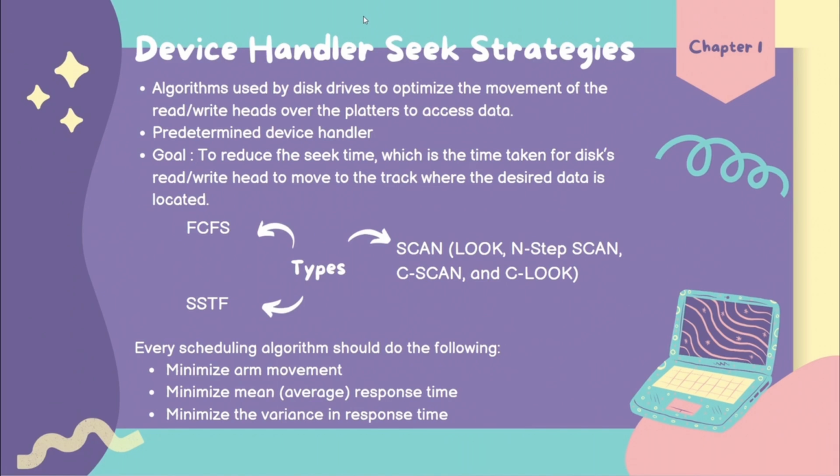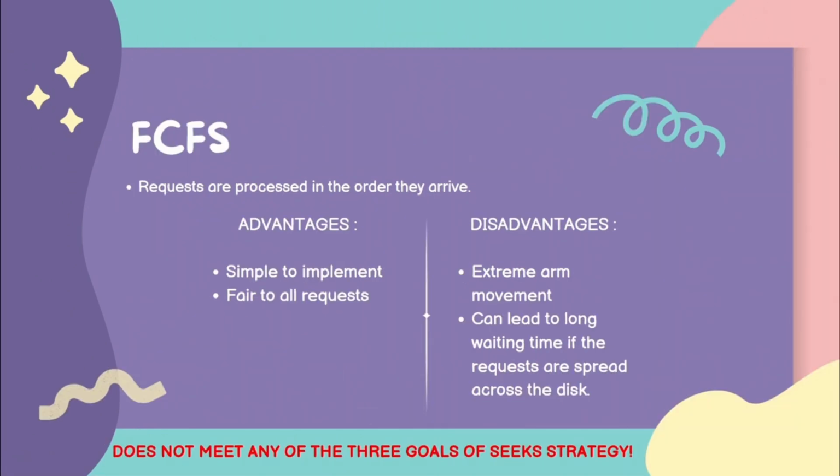Every scheduling algorithm should minimize the arm movement, minimize the mean average response time, and minimize the variance in response time. First is FCFS. With FCFS, the requests are processed in the order of arrival.